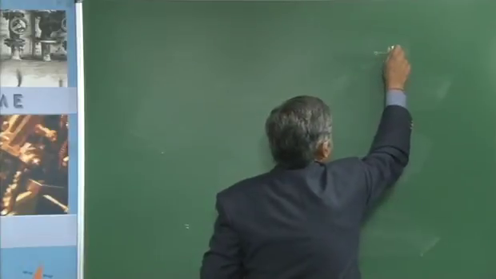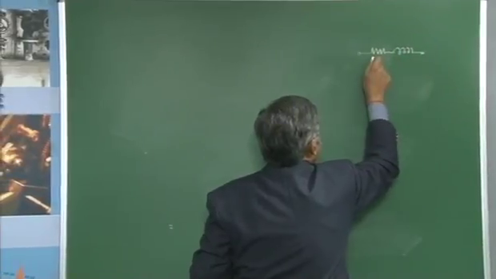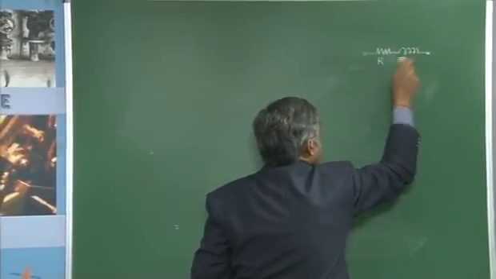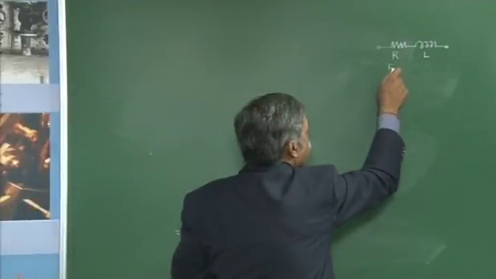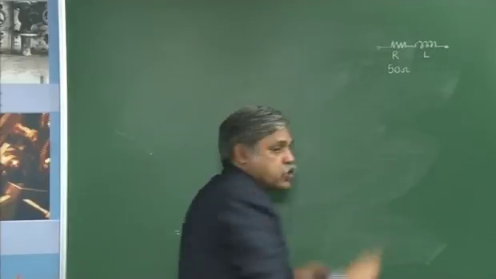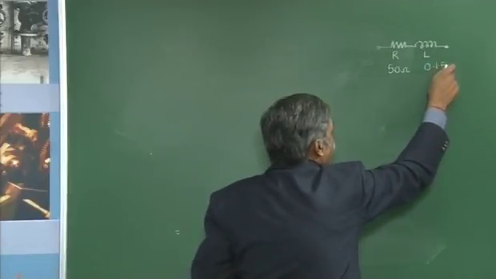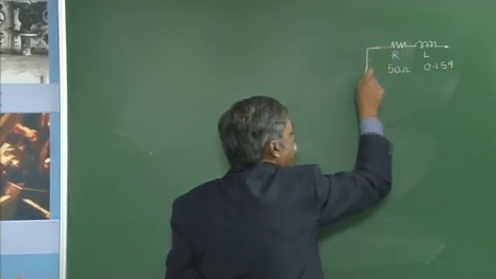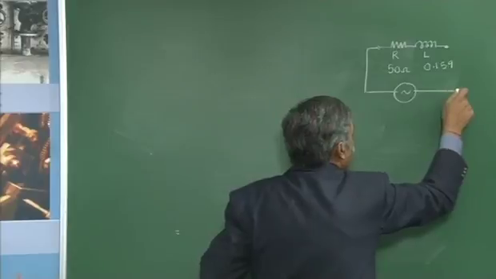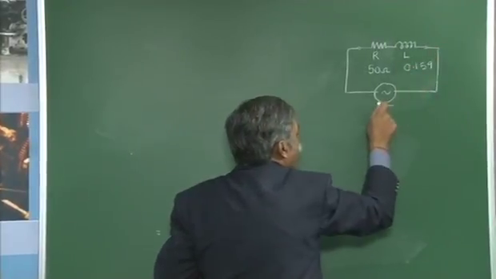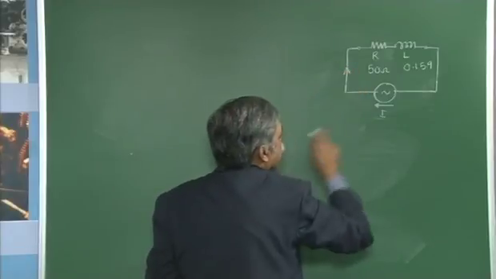The coil can be represented as a series combination of resistance and inductance, okay, R and L. The resistance happens to be 50 ohms and the inductance happens to be 0.159 Henry. To this combination I am connecting a voltage source which gives us a current of I. So that current will be flowing through this, okay.